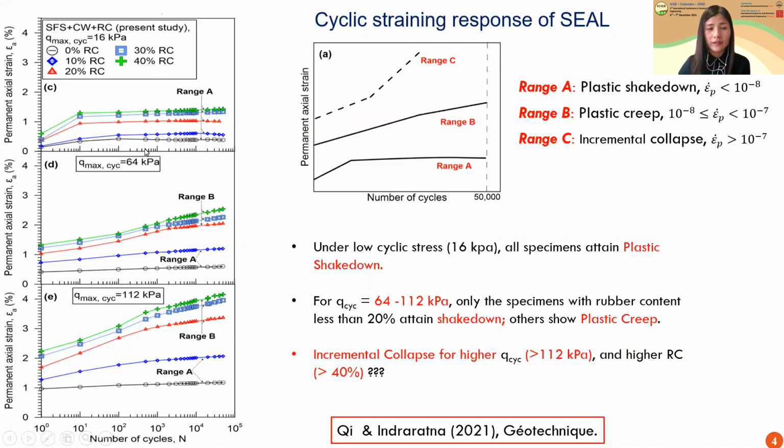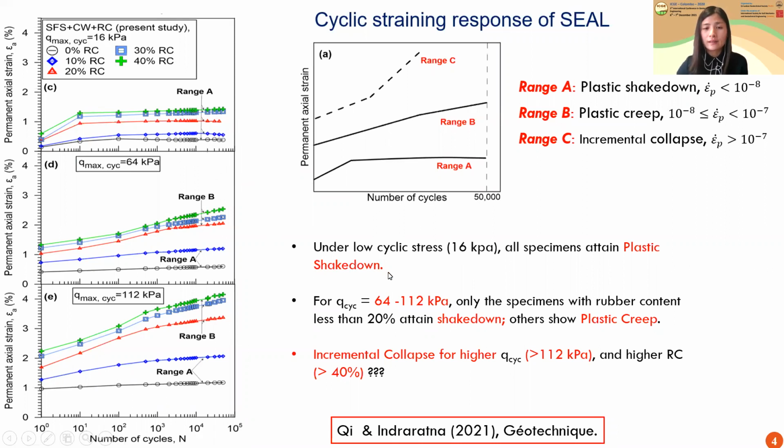For the waste mixtures, we found there were two governing parameters. The first one is the rubber content, and the second one is the vertical cyclic stress. Under low vertical cyclic stress, here 16 kilopascal, as you can see, all the mixtures can attain plastic shakedown.